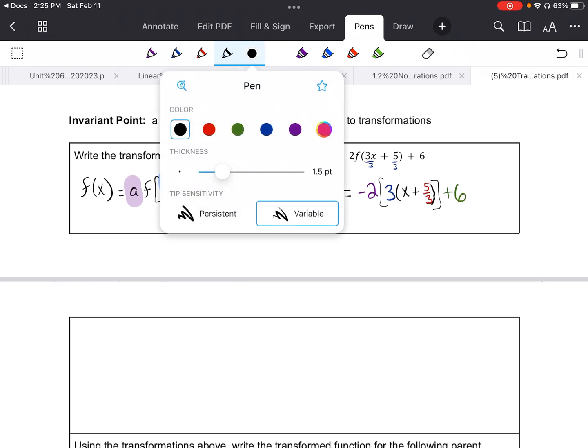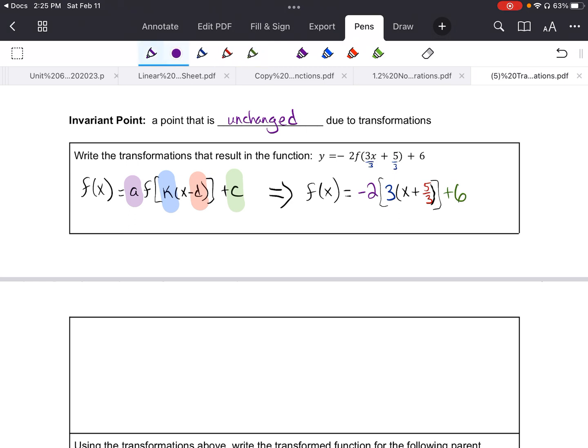Okay, so again, we have an a value of negative 2, and that's telling us that it's a vertical stretch of 2, and that it's reflected on the x-axis.